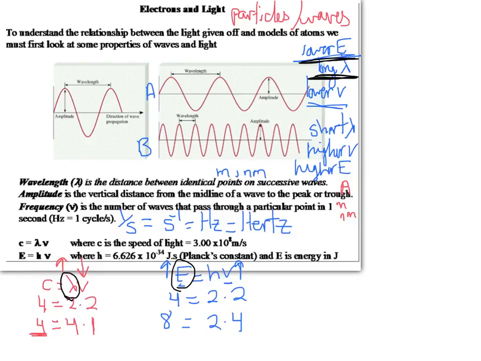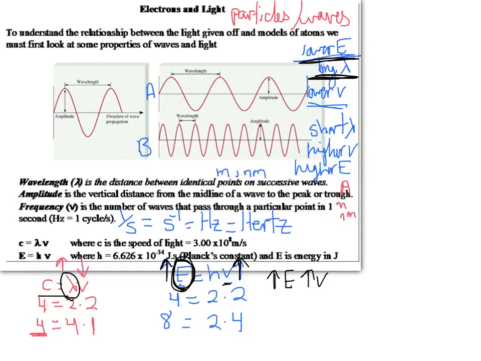Now again, if you can't visualize that or it doesn't make sense to you, look at the equations. So if we look at the equation here, let's say you increase your energy. The relationship between energy and frequency is direct. So if you increase your energy, you increase your frequency. Okay, so increase energy, increase frequency.